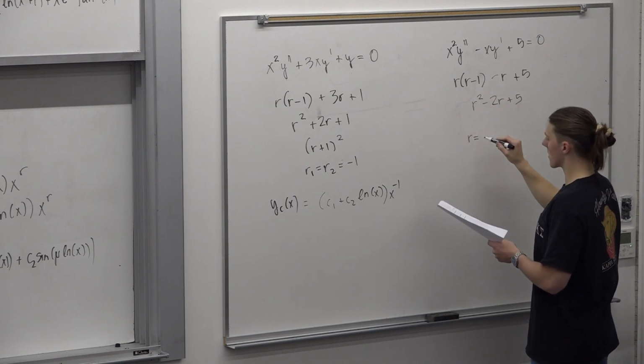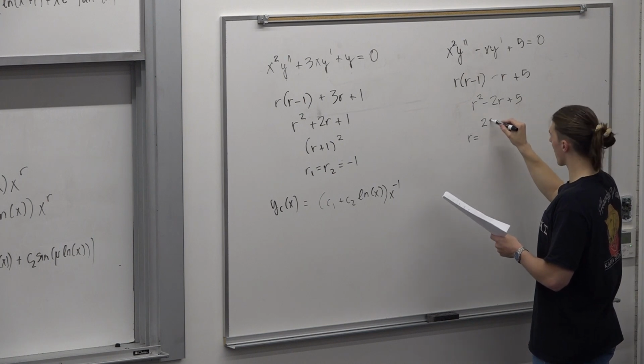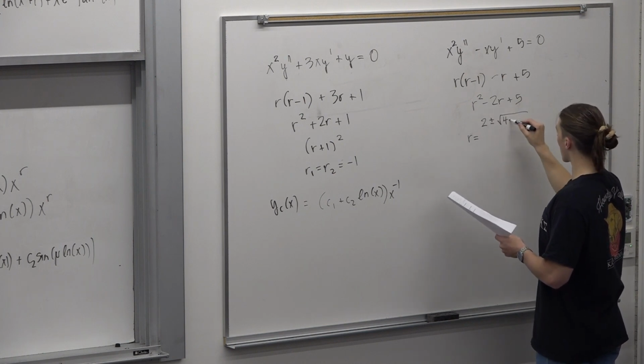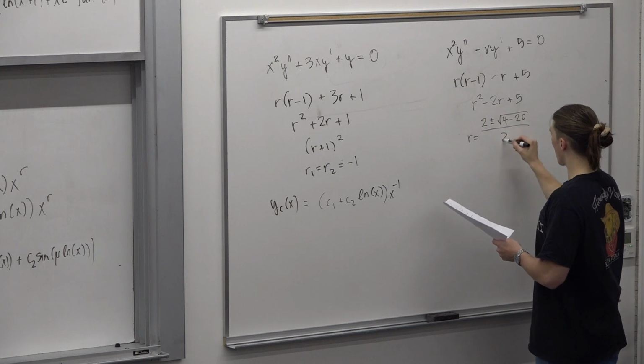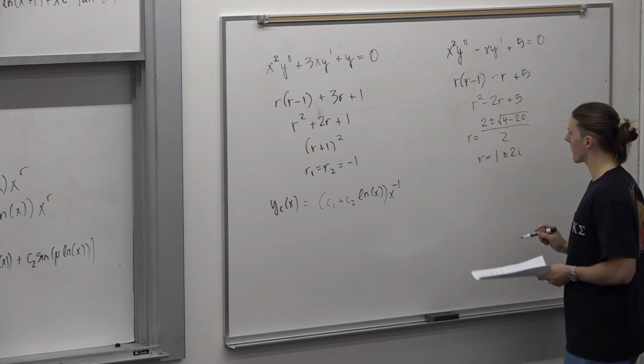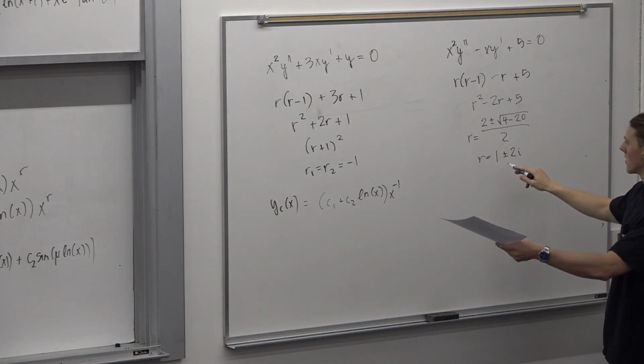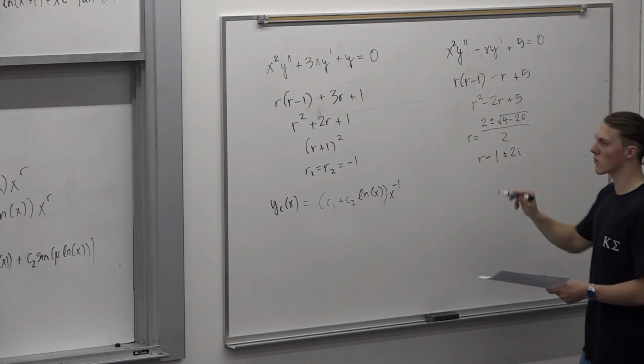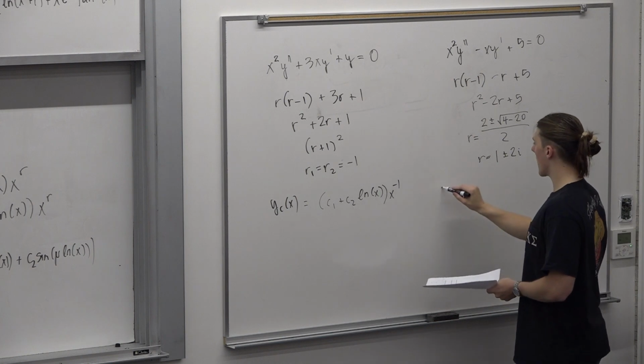We have to use the quadratic formula, but we get our answer that r is equal to 1 plus or minus 2i. So 1 is your lambda, 2 is your mu. You plug it right into that equation, and you find your solution.